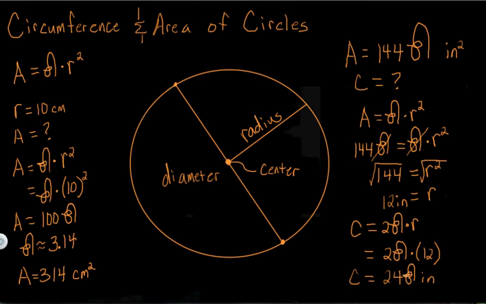All right, and like I said, we often will leave this in terms of the constant. So 24y is the same as saying 24 times 3.14. And that is approximately equal to 75.36. So we can approximate this, if we use y as 3.14, as approximately 75.36 inches.